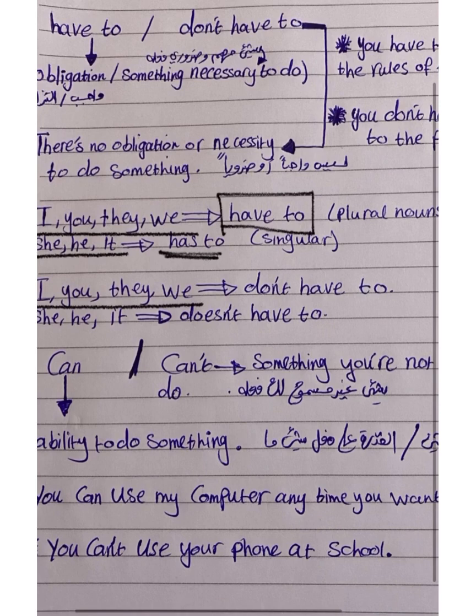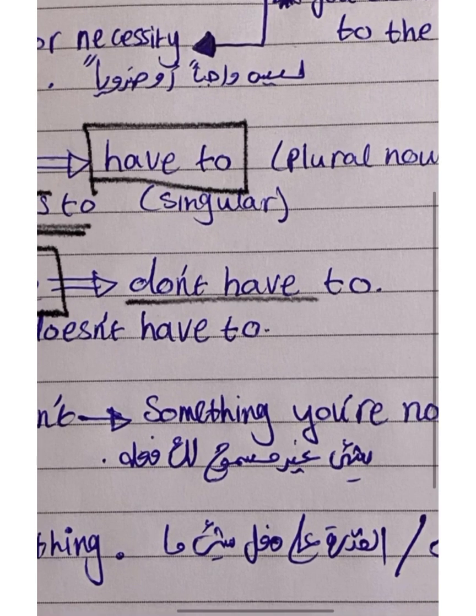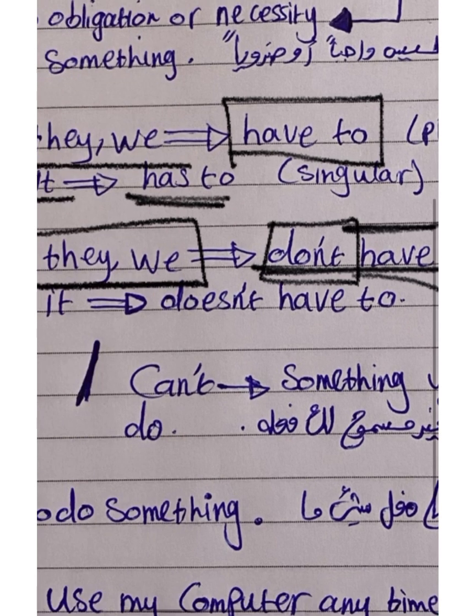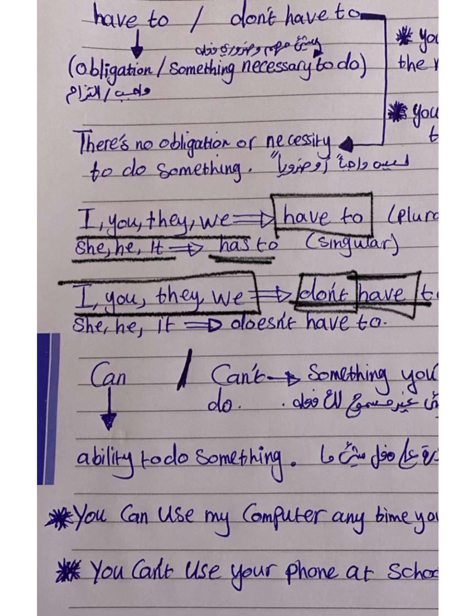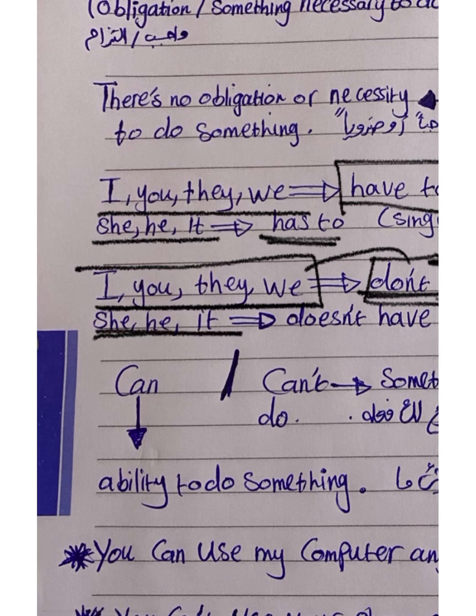As for don't have to, again I, you, they, we take don't have to. Always, have stays the same after do, does, don't and doesn't. For she, he, and it, how do we negate the singular form of the present simple?